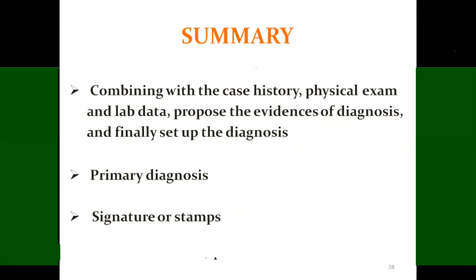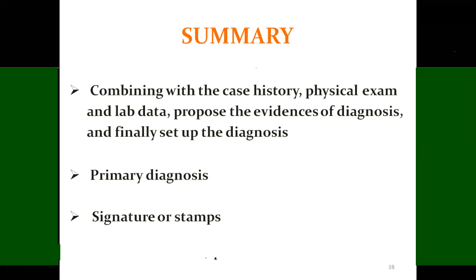and some special exams like gastroscopy, X-ray, etc. So the summary will be what? Combining the case history, physical examination, and lab data, propose the evidence of diagnosis, and finally set up the diagnosis. So this will be the summary of your medical record.